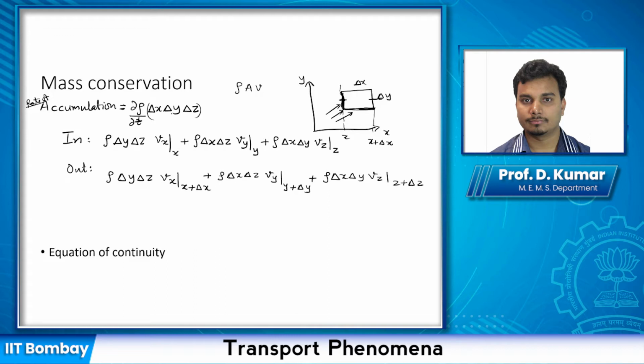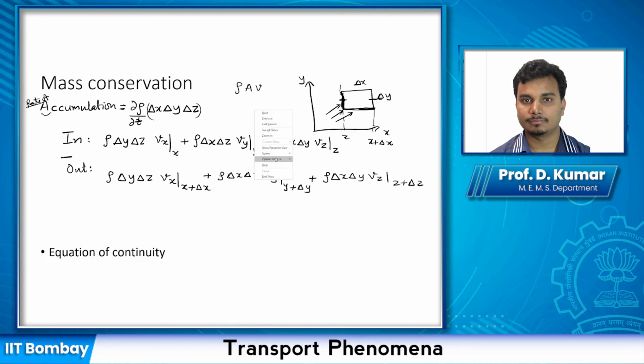So this is for your given control volume: delta x, delta y, delta z times this density. So what you can see is this term is going to be equal to this minus this.